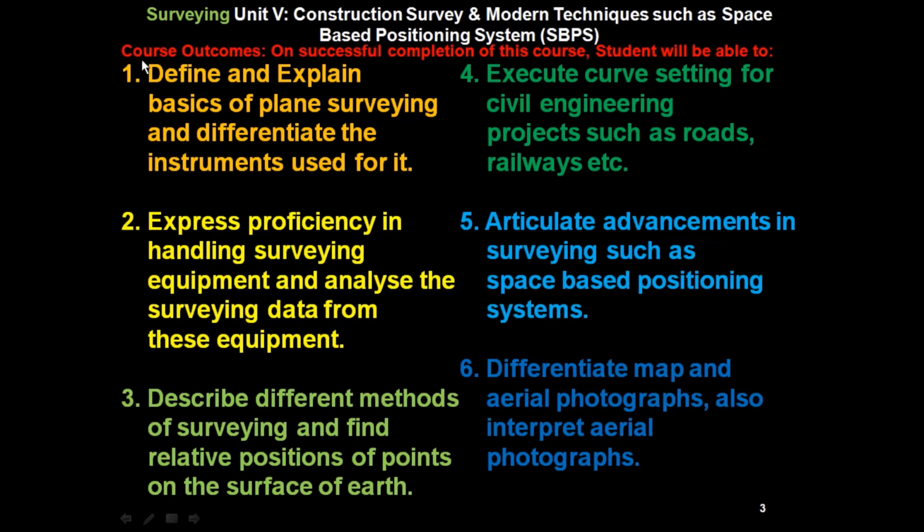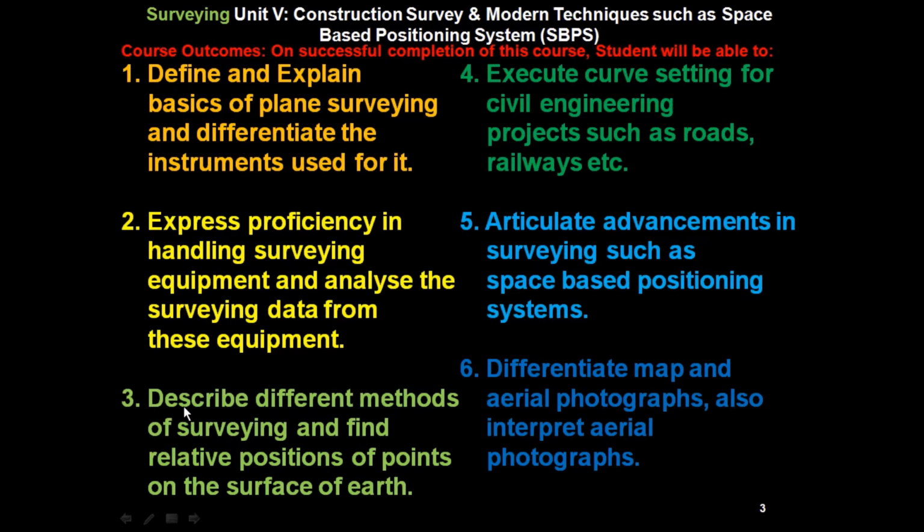Now we will see the course outcomes. On successful completion of this course, the student will be able to define and explain the basics of plane surveying and differentiate the instruments used for it. Second course outcome is express proficiency in handling surveying equipment and analyze the surveying data from this equipment.